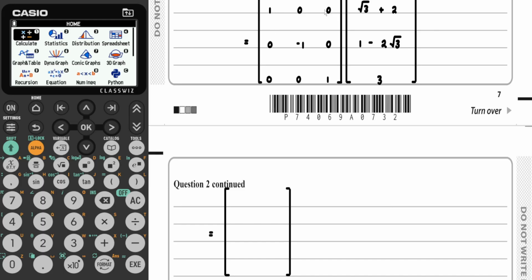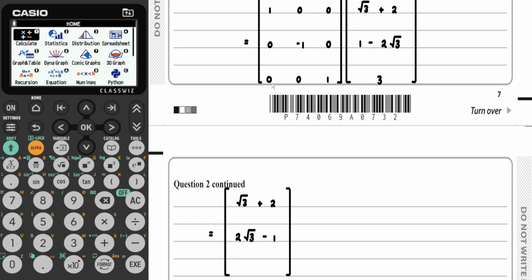So here we would have 1 times root 3 plus 2 plus 0 times 1 subtract 2 root 3 plus 0 times 3. That's root 3 plus 2. Then we would have 0 times root 3 plus 2 plus negative 1 times 1 subtract 2 root 3 plus 0 times 3, which is 2 root 3 subtract 1.